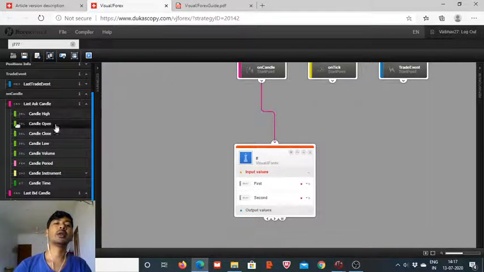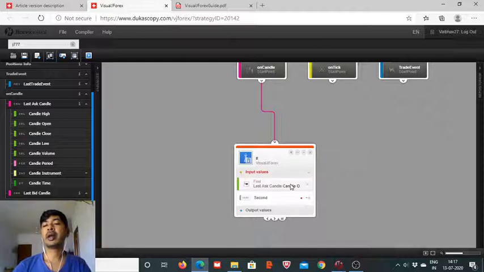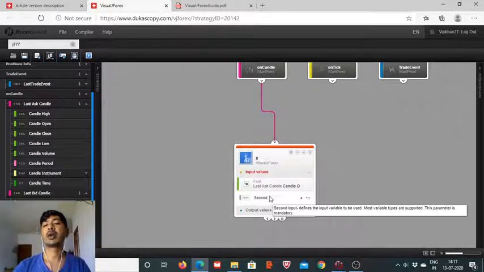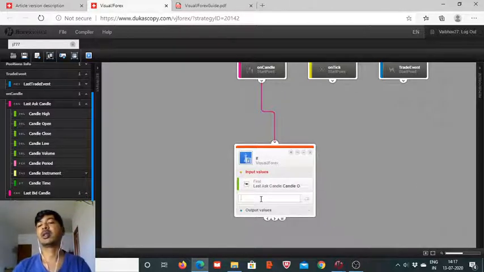So you can use, say, if you want the condition of last candle open to be higher than any predefined value, then you can put that condition in this candle.